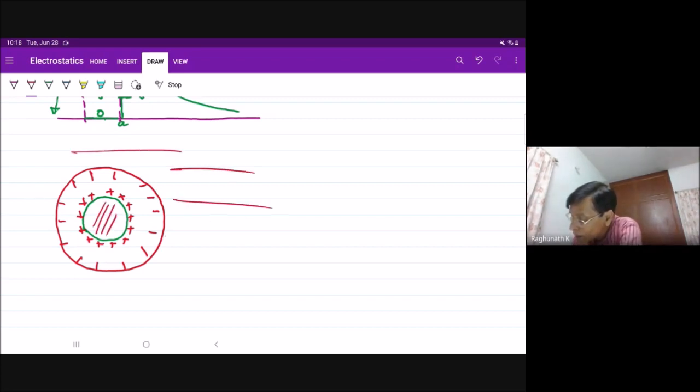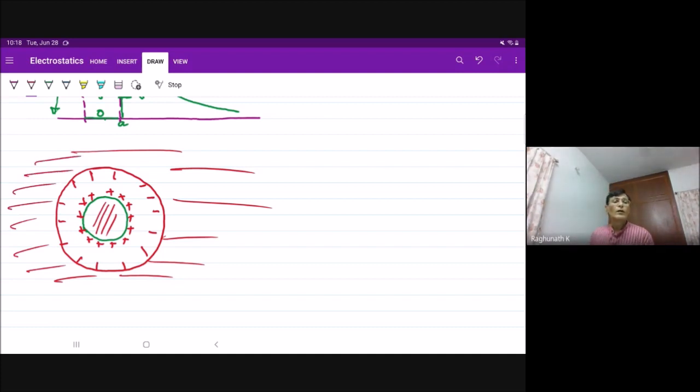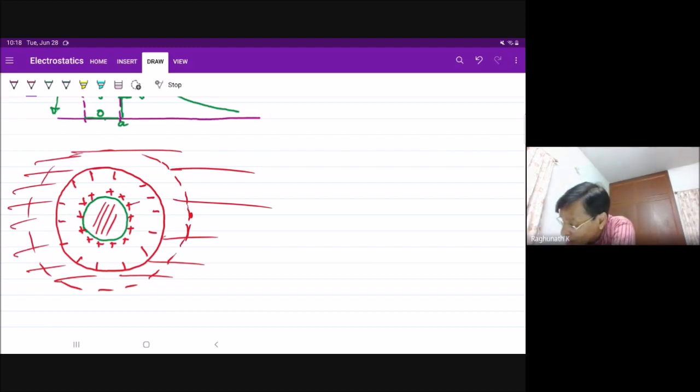Field outside also is 0. Why? Total charge enclosed by any closed surface of radius greater than b is what? Equal amounts of positive and negative charges, because of which it is 0. Let's check. Inside, Q flux lines will be going out radially, correct?